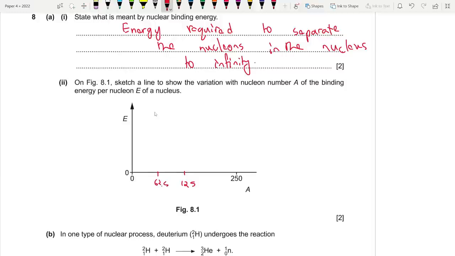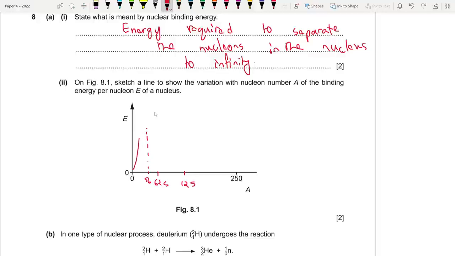So you guys know, right, that iron 56 has the highest binding energy per nucleon. So it's like this. We don't say that hydrogen has a binding energy of 0. It does have some binding energy per nucleon. So the peak is at 56, alright? The peak will be at 56.